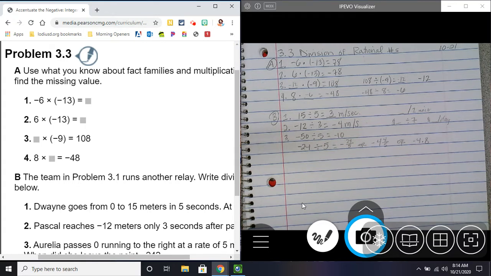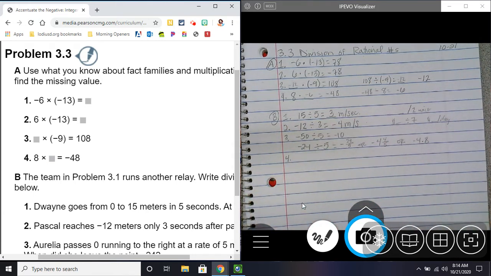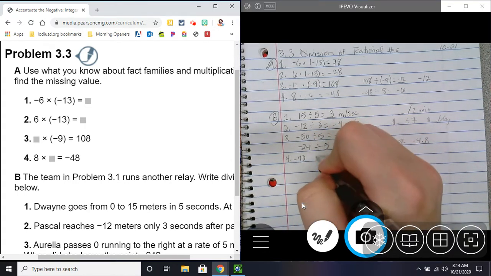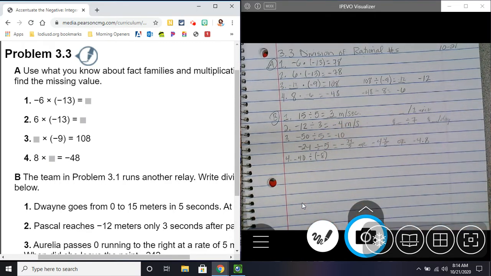Number 4 says Tori wants to reach the point -40 running to the left at 8 meters per second. How long will it take her from the time she passes 0? So again, -40, -8, because it says running to the left at 8 meters per second.